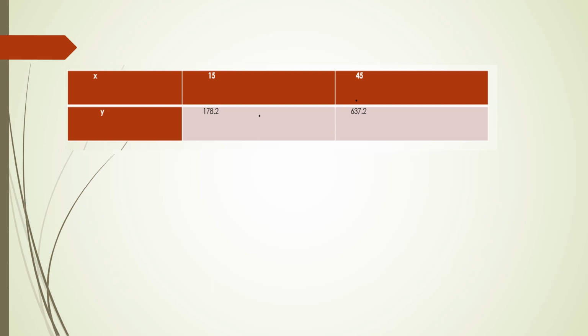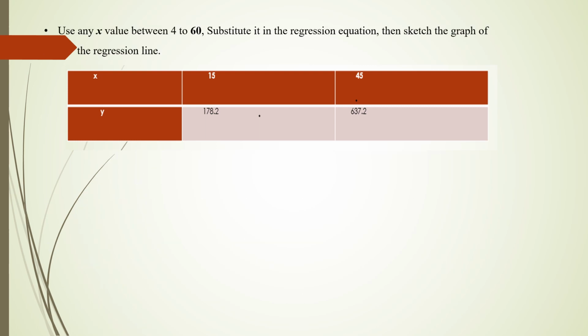Now when I put these two values in the regression line, for x equal to 15 the value of y becomes 178.2, and for x equal to 45 the value of y will be 637.2. Okay, now, dear student, these are the values, and with the help of these values we will draw the least square regression line.